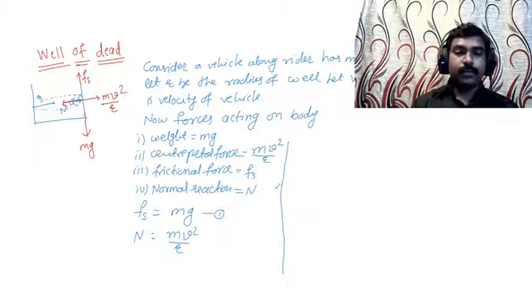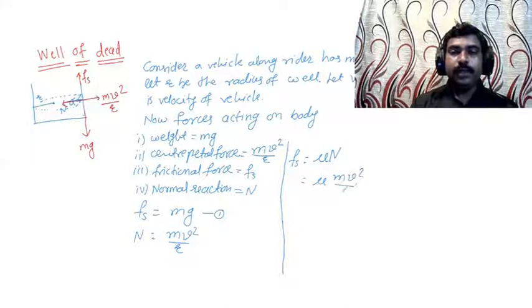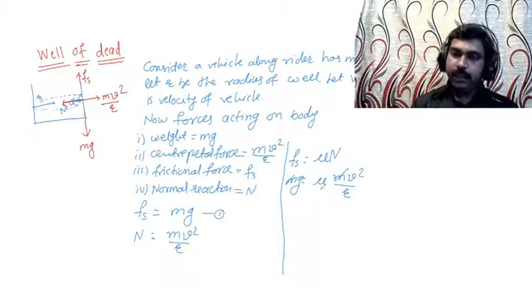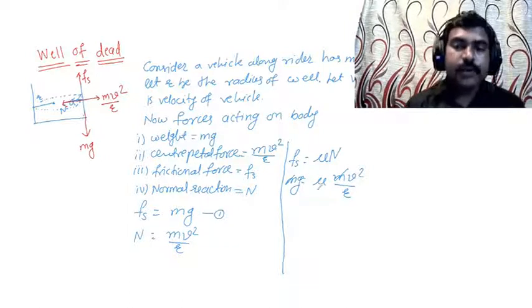Now see, from this equation what we can write. Fs is equal to mu into N, and what is the value of N? N is equal to mv square divided by r. And Fs is equal to m into g. On both sides we can cancel the m. Now transfer rg to the numerator and mu to the denominator, where mu is once again the coefficient of friction.